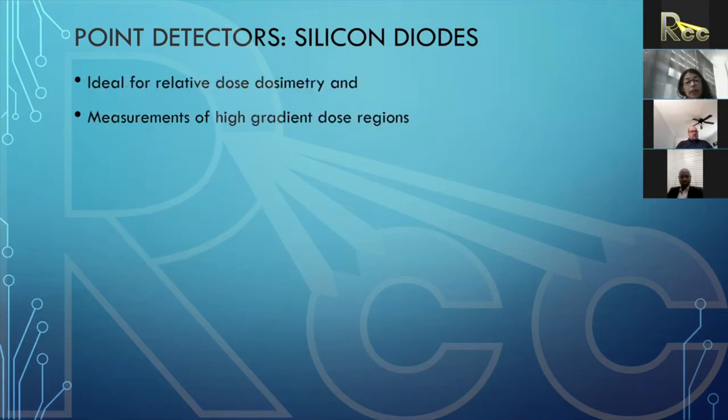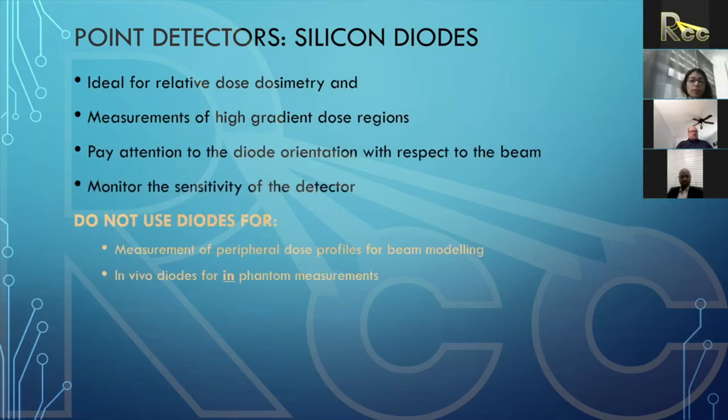They are ideal for relative dosimetry and for measurements of high gradient dose regions. However, you need to pay attention to the diode orientation with respect to the beam. And remember that you need to monitor the sensitivity of the detector because this is going to decrease over time.